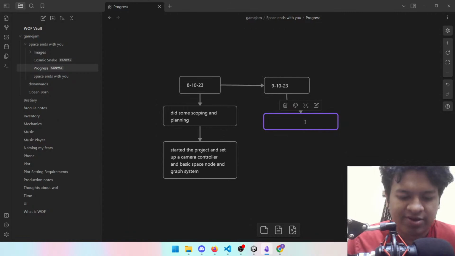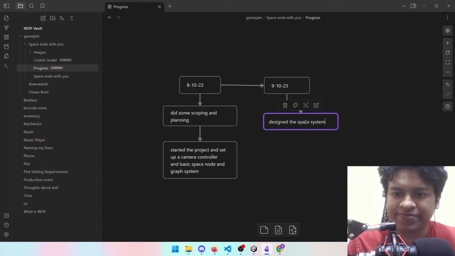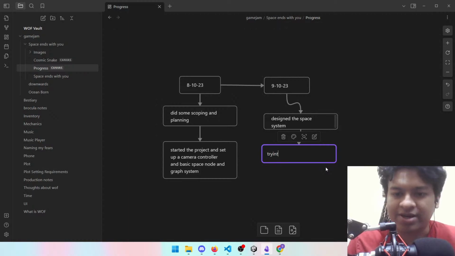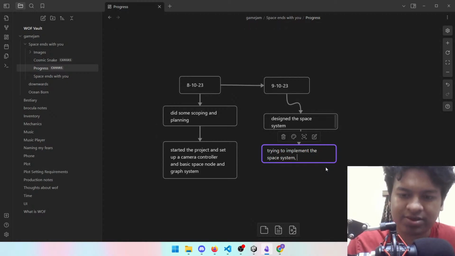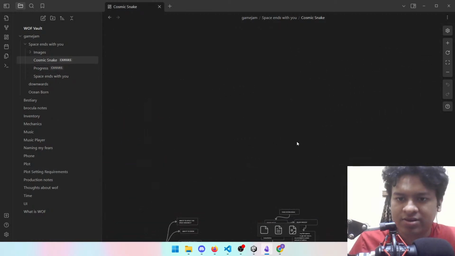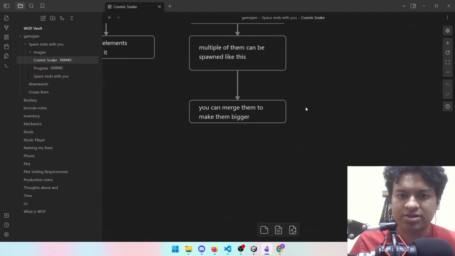What did we do? Designed the space system. Trying to implement the space system, gravity. This way to finish stuff up.